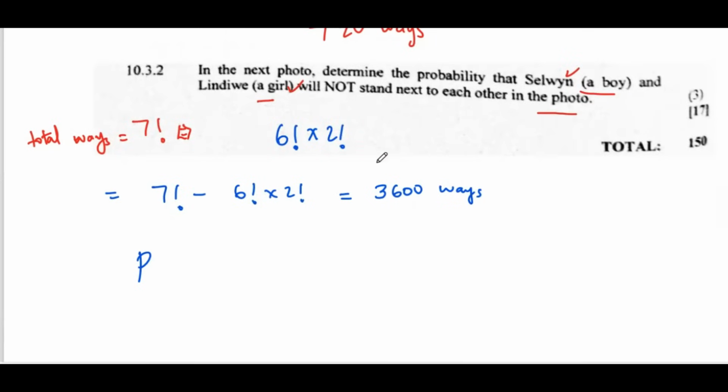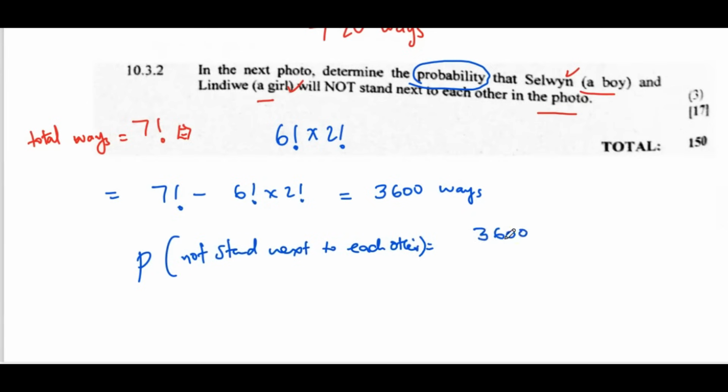But the question is asking for the probability. So probability of not standing next to each other is going to be the number of ways, which is 3.6 divided by the 7 factorial.